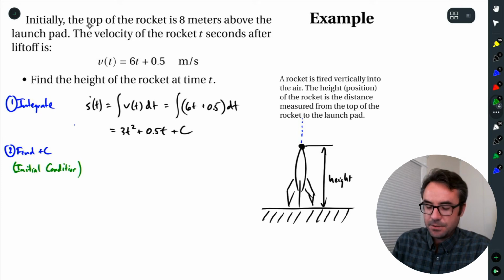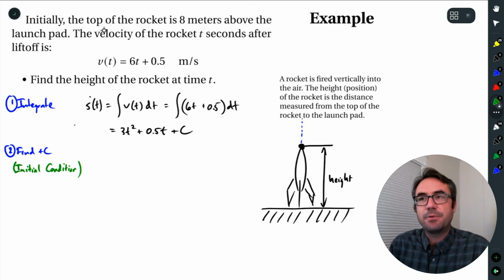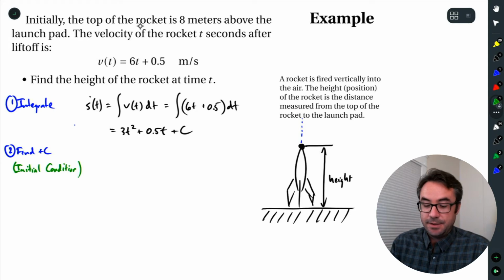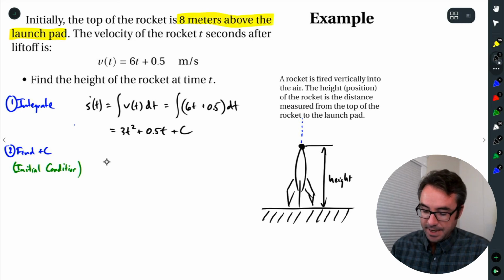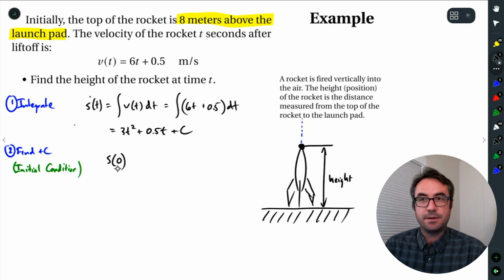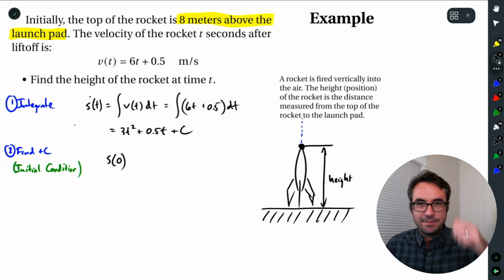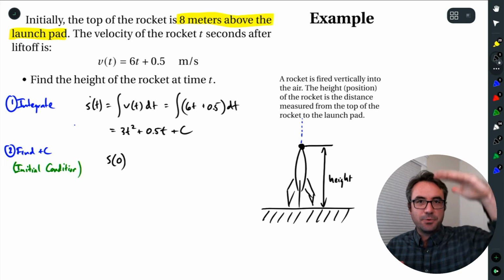Well, we see this wording here that the top of our rocket initially is 8 meters above the launch pad. So what this is saying is that at time 0, the initial condition, that's when blast off occurs, and it starts moving up.